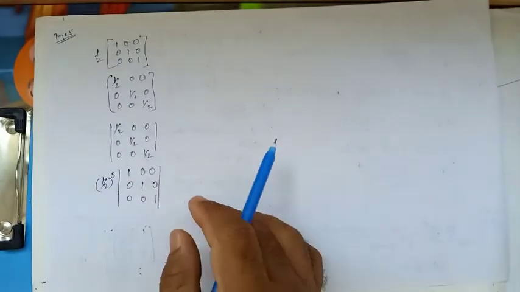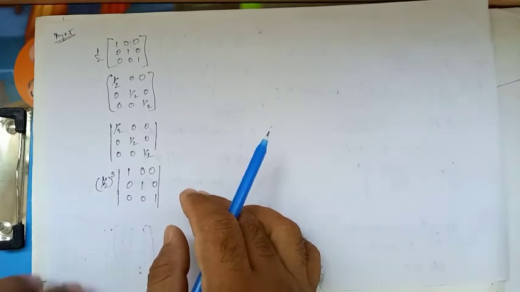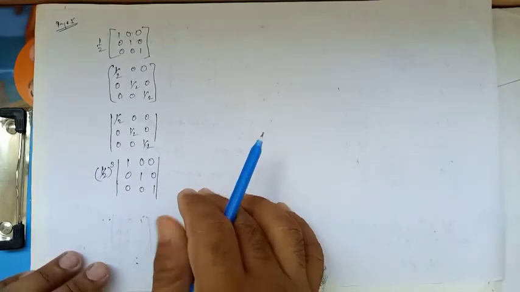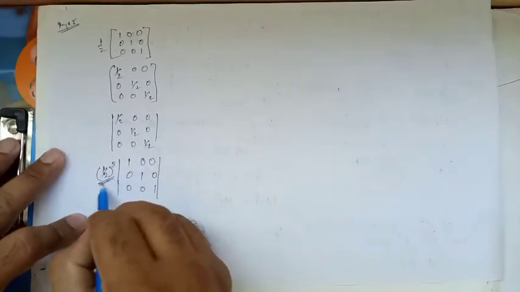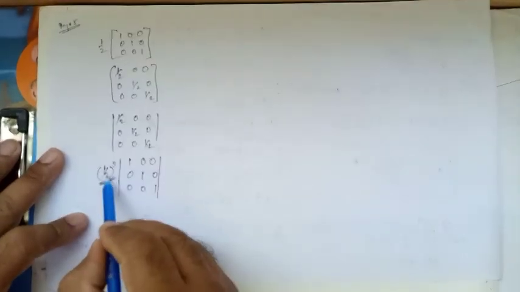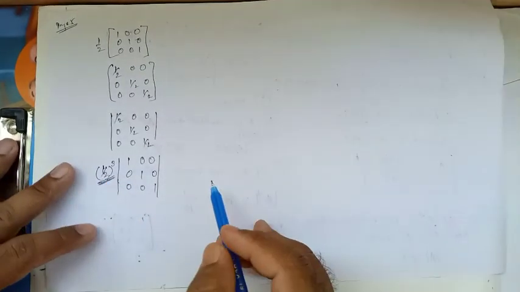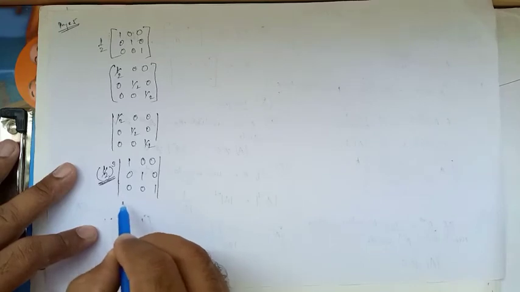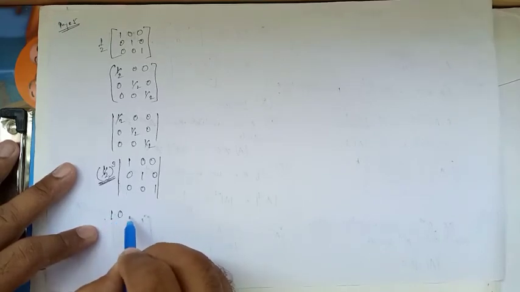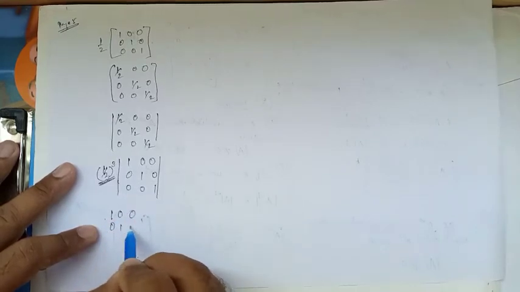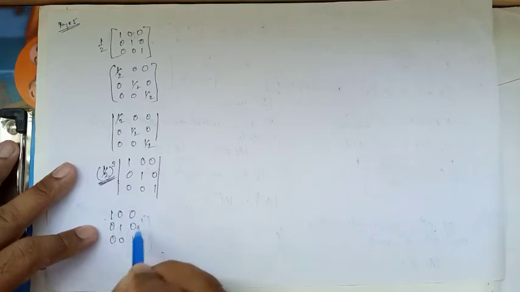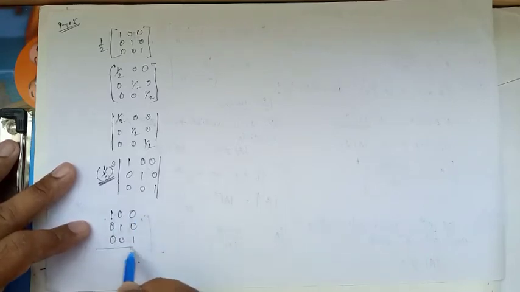Right? So my intention is to explain this particular thing only. What I am getting is nothing but I can further write it as 1 0 0, 0 1 0, 0 0 1, whole divided by 2 power 3.